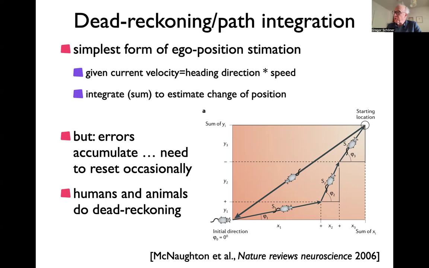It's really the idea that you know your velocity vector. On robots, typically you have that from your control system, so you know your heading direction and your speed. Your heading direction might actually be a problem. You might know it if you have a compass, which is the case for ships, or inertial guidance systems.